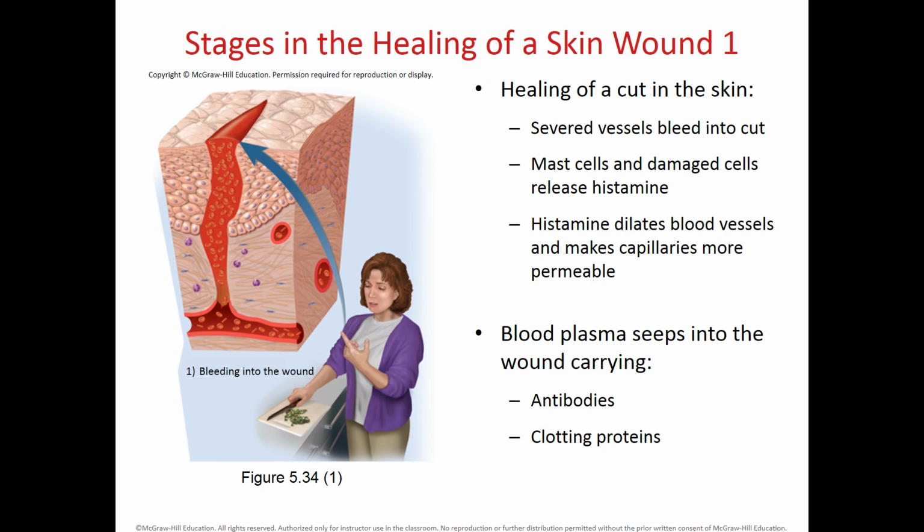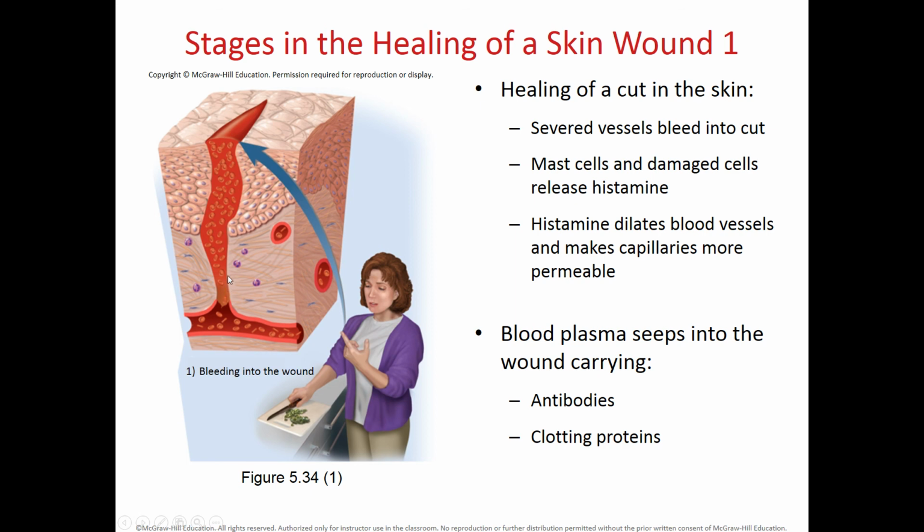Now we have stages in the healing of a wound. When you cut your skin, you have bleeding into the wound, and through this bleeding you provide clotting factors and platelets that are going to prevent more blood from exiting the body. This is known as hemostasis, stopping the bleeding.